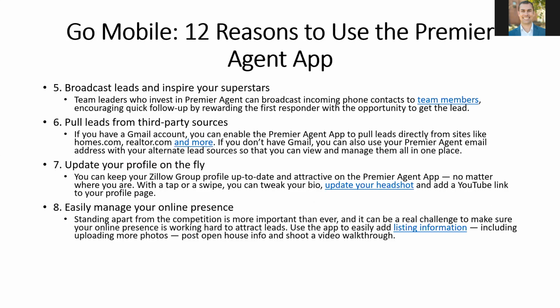If you have a team and you are a team lead, or if you want to have a team, there are ways to broadcast to multiple team members at the same time, so that they all get the leads, and then you can have your agents working those leads from there. They pull the lead sources, so to say, from other sites as well.